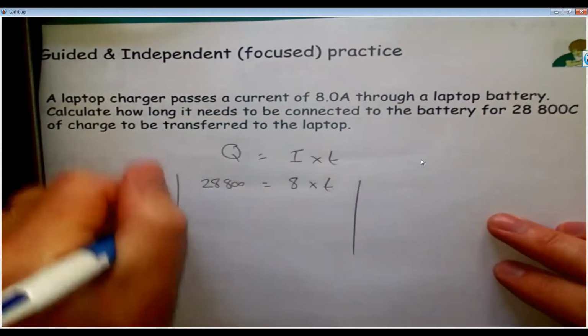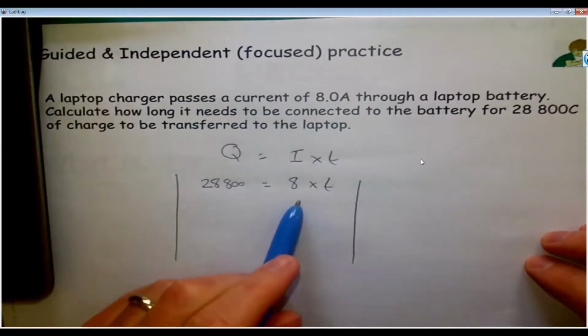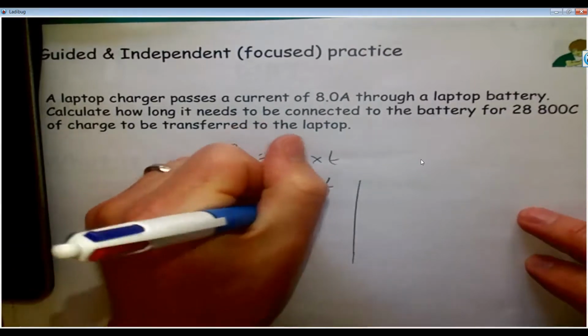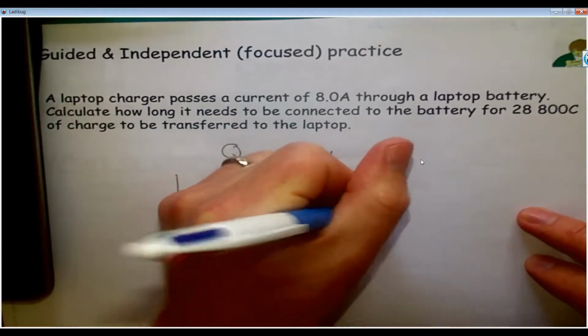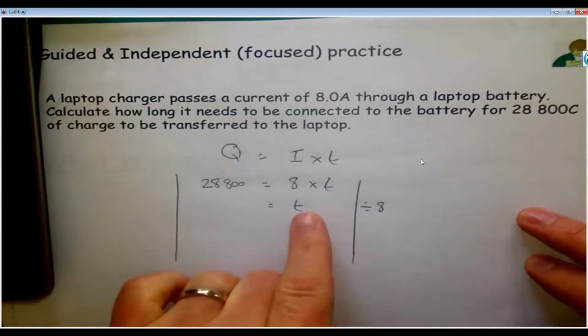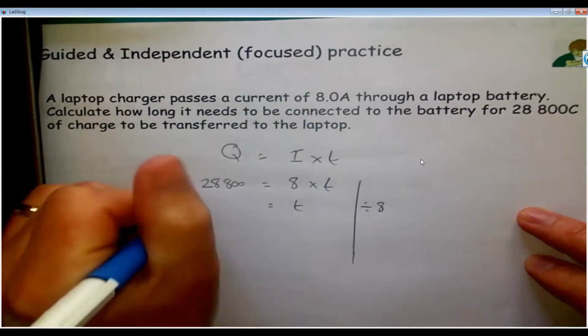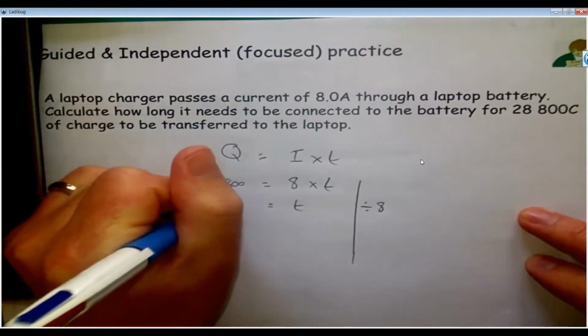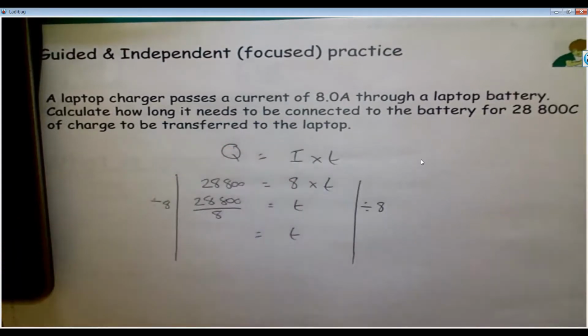Well, if we put our lines down either side for our mathematical modeling. If we want to get t on its own, we need to divide both sides by 8. So on the right-hand side, that gives us t. On the left-hand side, if we get 28,800 and divide it by 8, that will give us t.